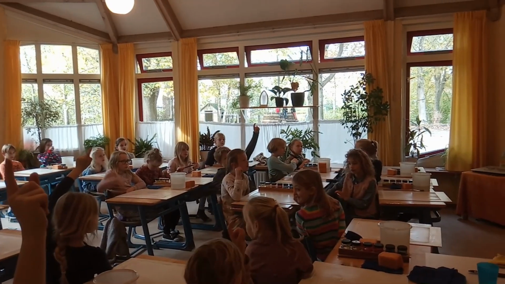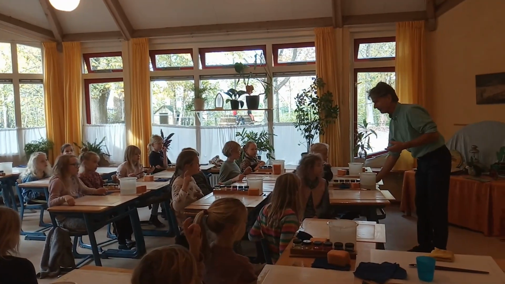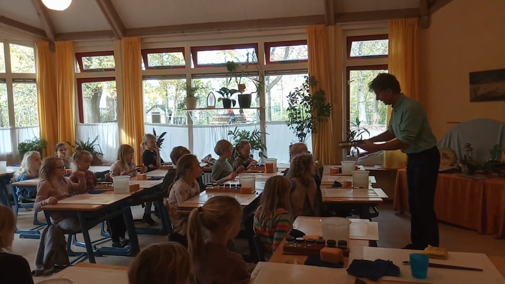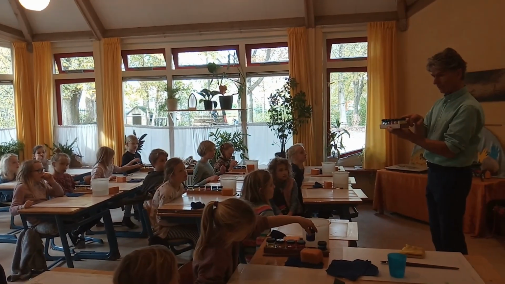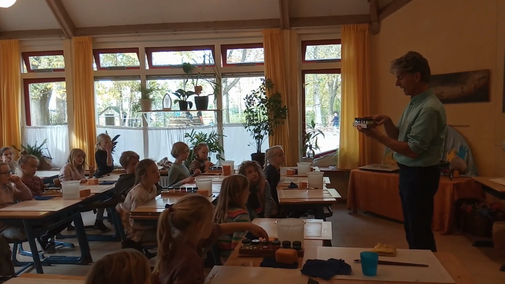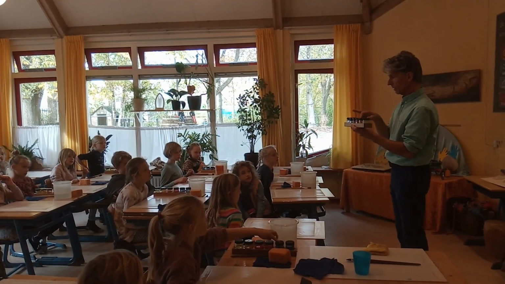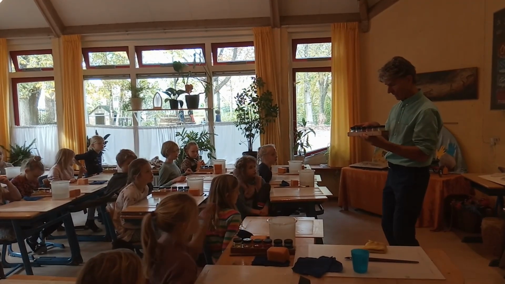And if we look at the colors, put your fingers down. We have lemon yellow, golden yellow, vermilion red, carmine red, ultramarine blue, and Prussian blue. Yeah?